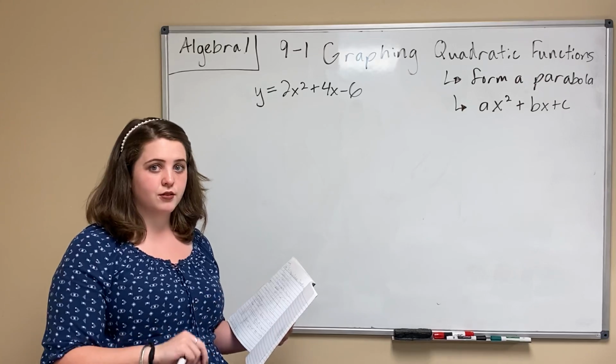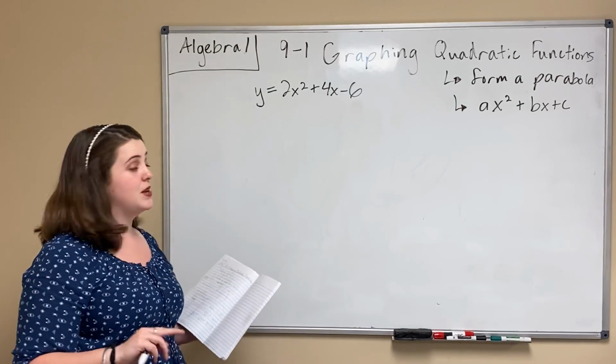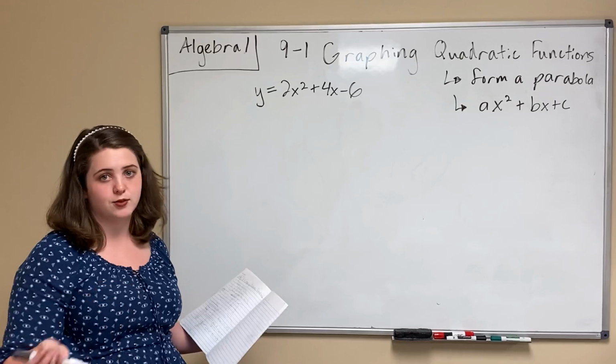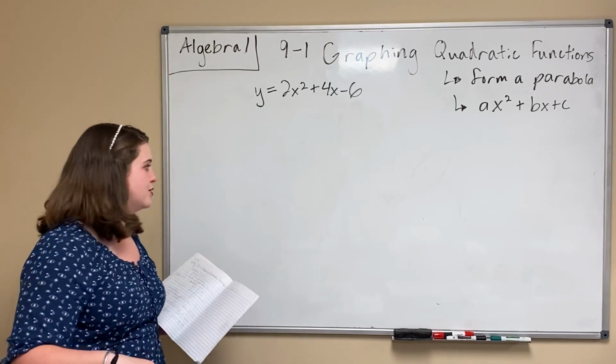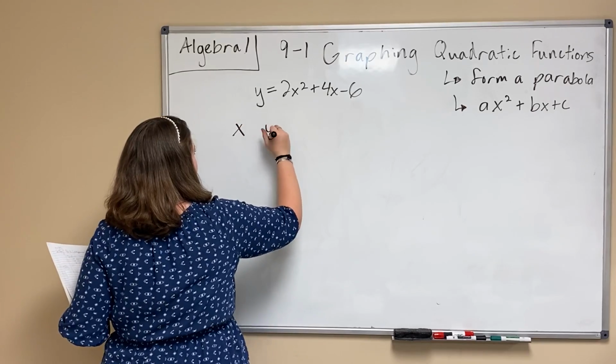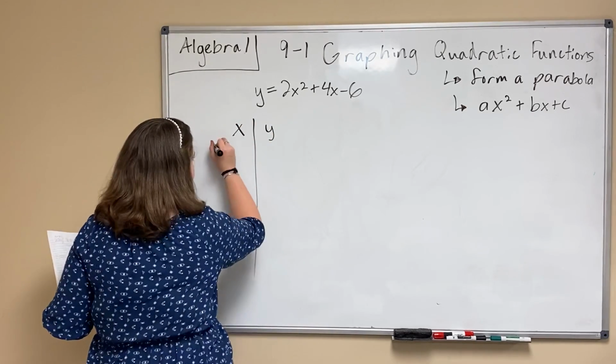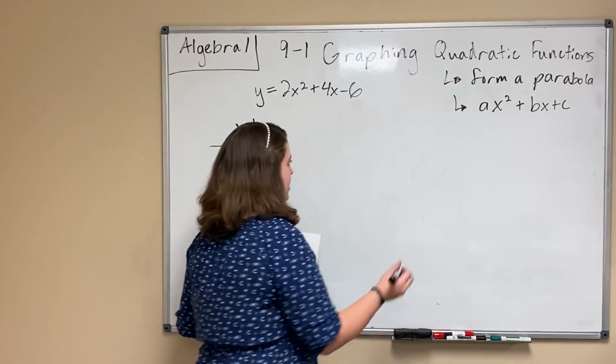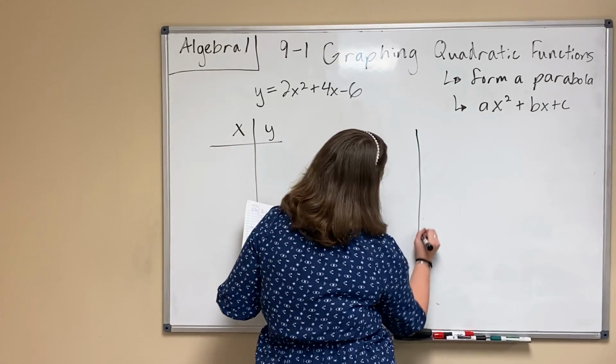The first way we're going to learn to graph these equations is by making a table of values and then plotting those points. It's like how we first learned how to graph. So here my x column, my y column. There's my table, and I'm going to go ahead and draw my graph.